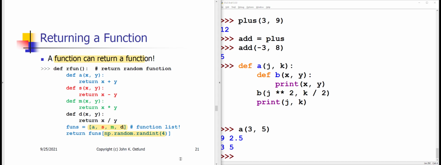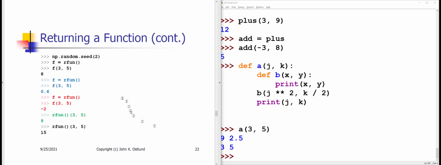So when I call rfun, what I'm going to get back is, with uniform probability, either a reference to A, or a reference to S, or a reference to M, or a reference to D. And here's how some examples of that look.